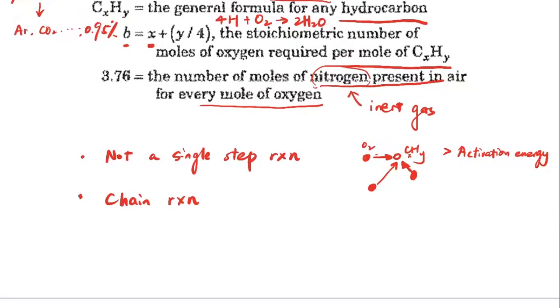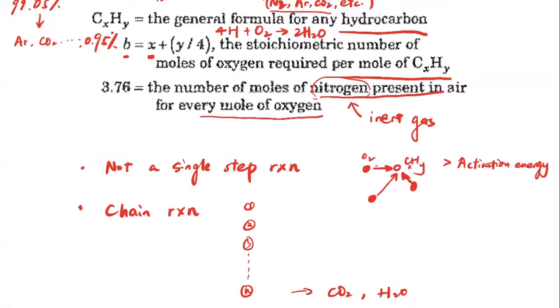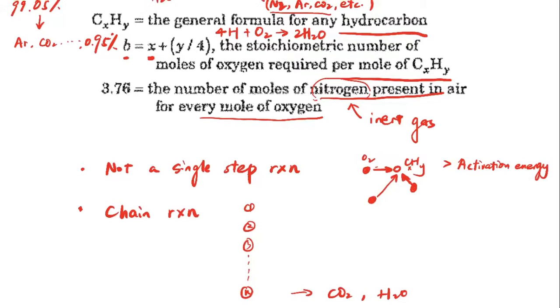Separating this global reaction into multiple steps, say 1, 2, 3, all the way to the end, where we can form carbon dioxide and water. Okay, so each step can happen as a single step, right? Each reaction is a single step. So we can let this hydrocarbon be oxidized.